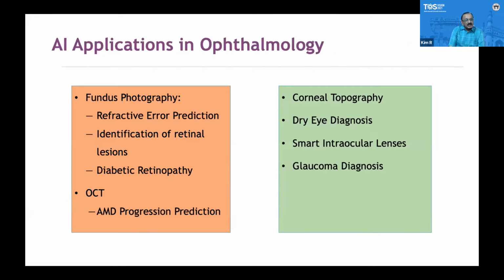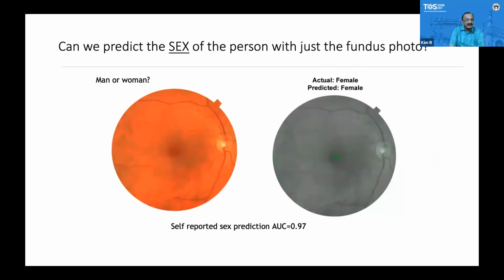AI applications are growing in ophthalmology. As I said, refractive error prediction, identification of other retinal lesions, not only diabetic retinopathy prediction, AMD progression prediction, and even in the anterior segment for dry eye diagnosis, using smart intraocular lenses, and more importantly, in glaucoma diagnosis.